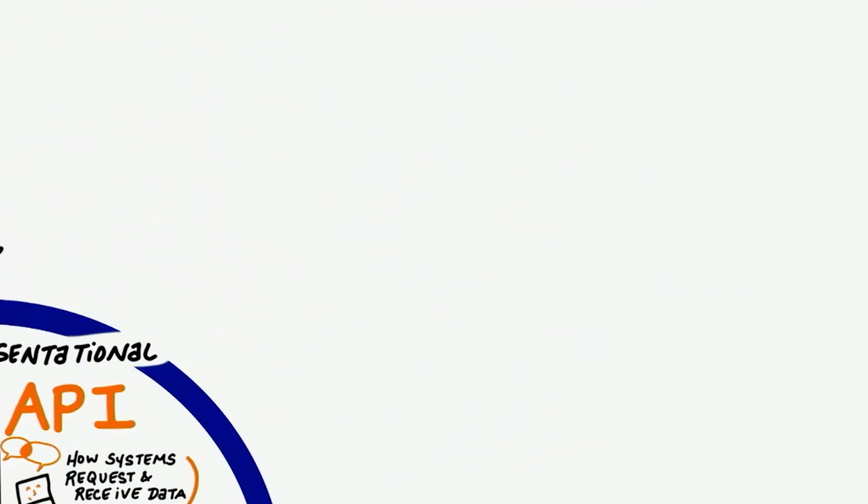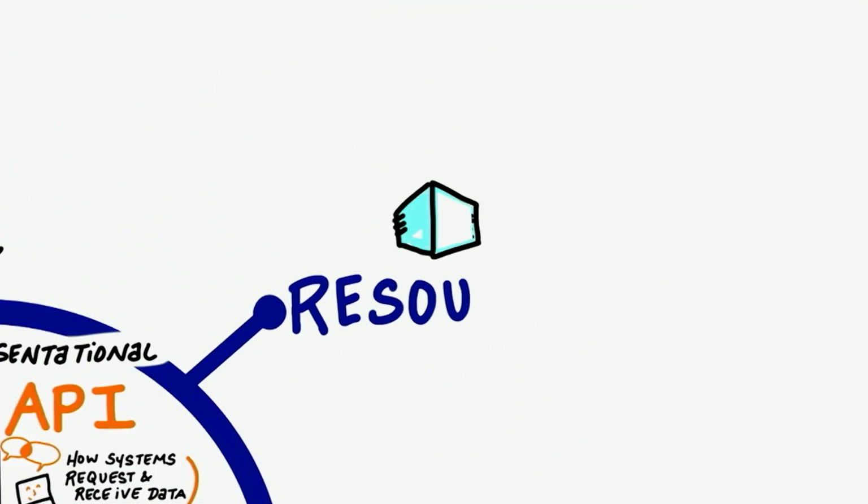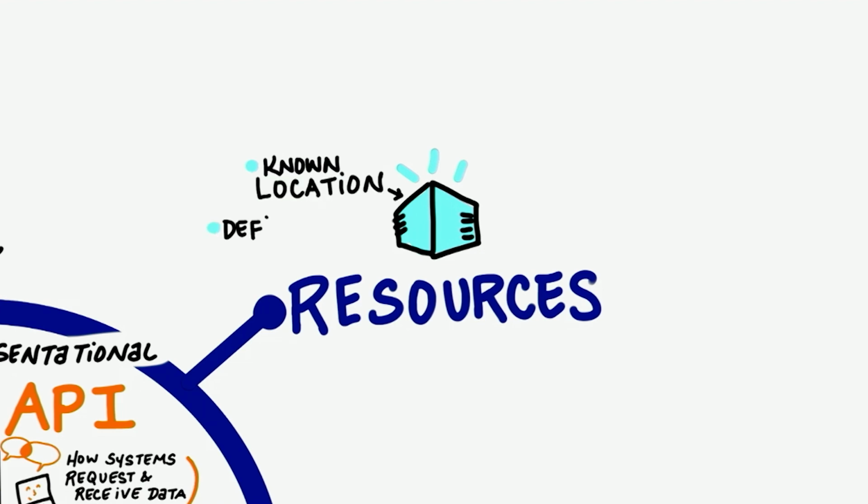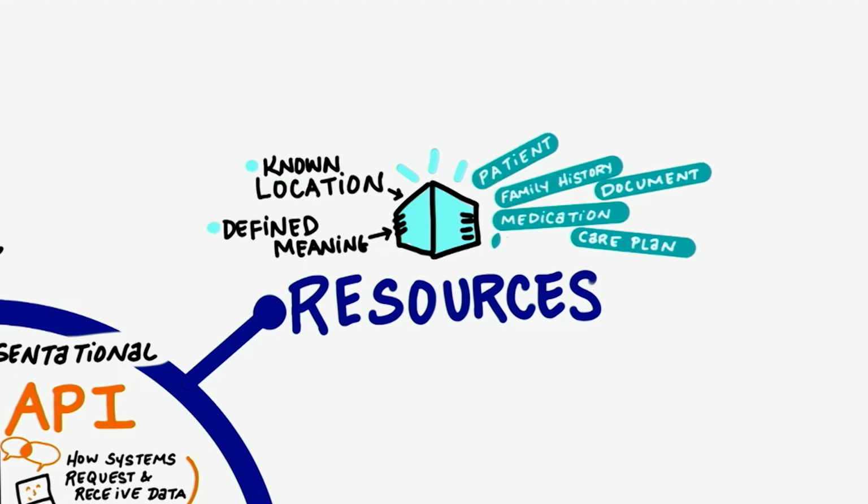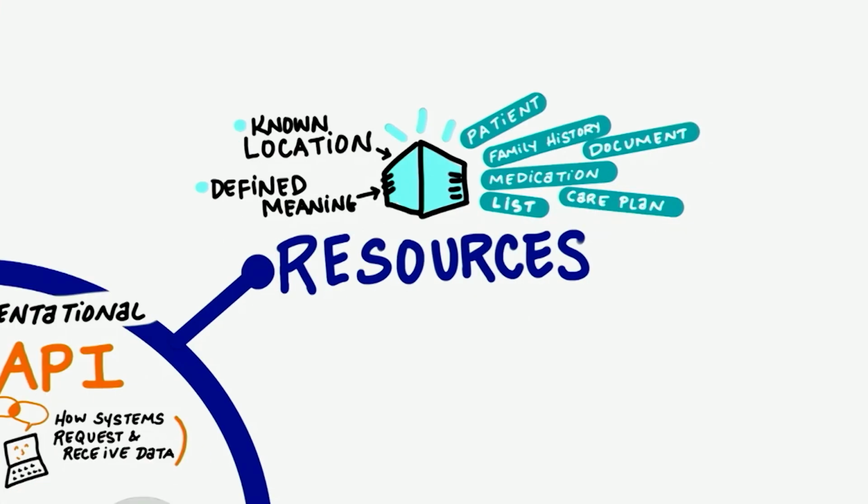So there are a couple of concepts to understand about the FHIR specification and how FHIR works technically, but also how the healthcare data model underneath FHIR is built. The first concept is resources, and that's resources as in Uniform Resource Locator, URL.